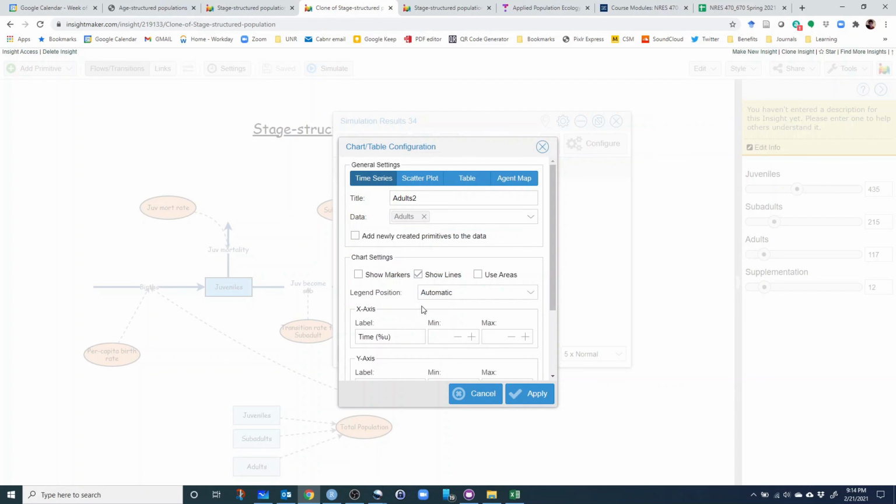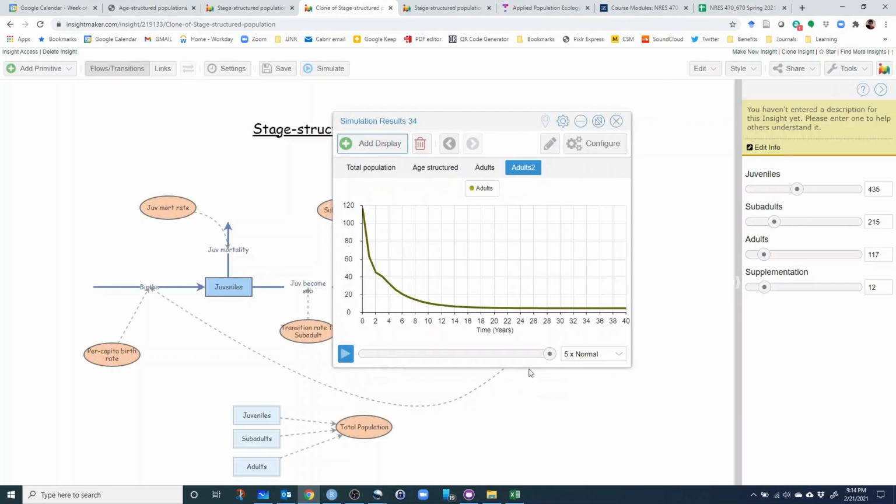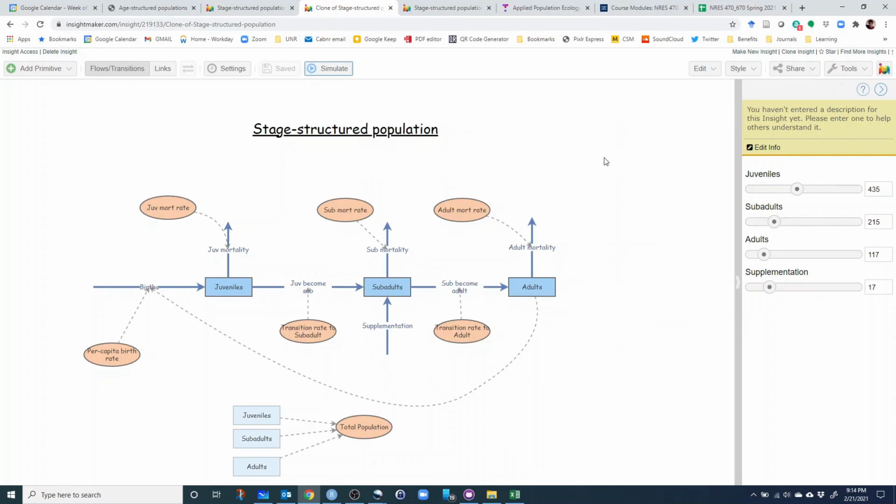That'll be adults over time, because this is a time series plot. So it's going to show adults over time, and so there we go. So I just have to keep on increasing this until I can get my adults to sustainably reach 20 individuals. How many subadults do I need to supplement in this population each year in order to maintain 20 adults?